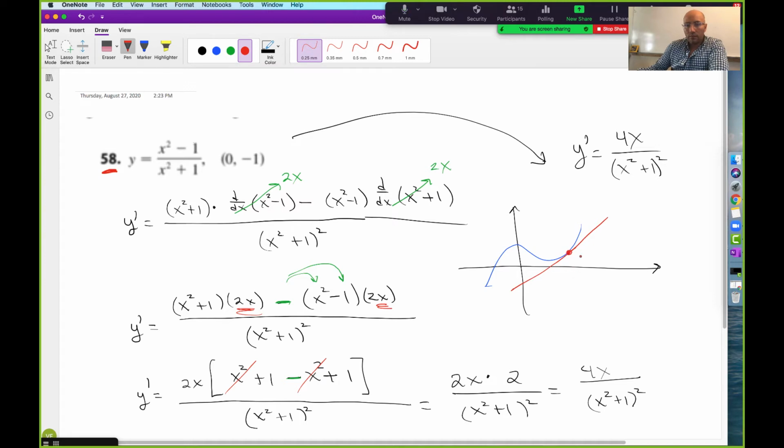So it's like that. So the tangent is going to be a line, right? So the tangent one is going to follow either the y equals mx plus b format, or the y minus y sub g equals m times x minus x sub g, right? Where g is for the given one, right?